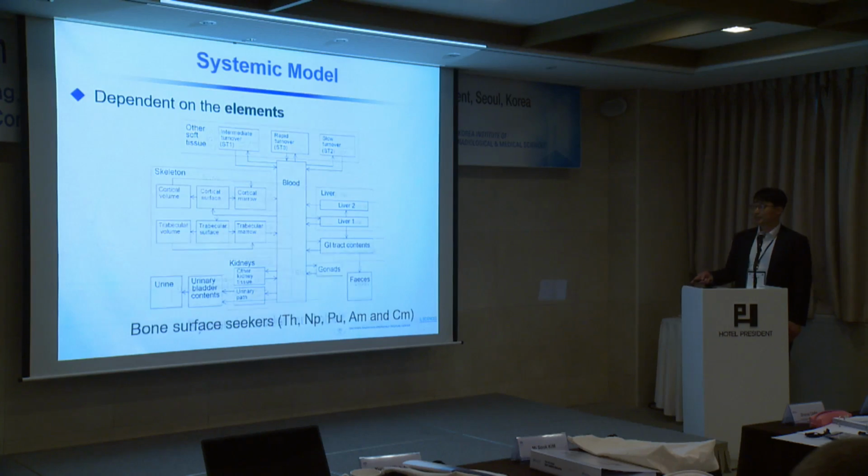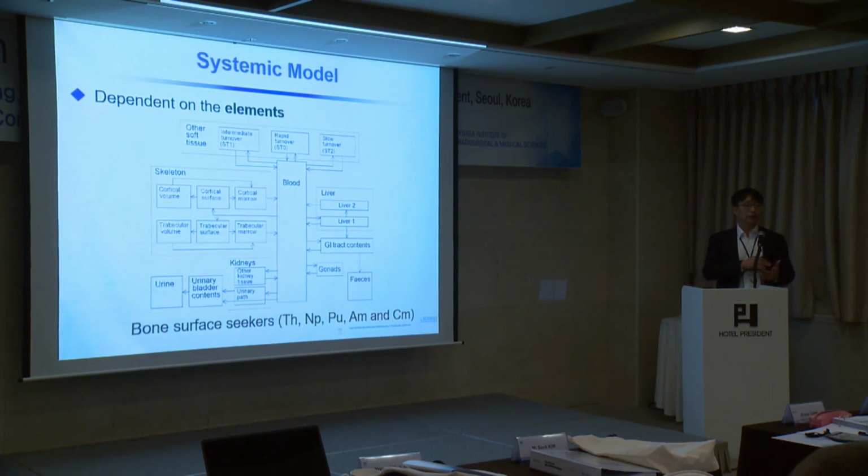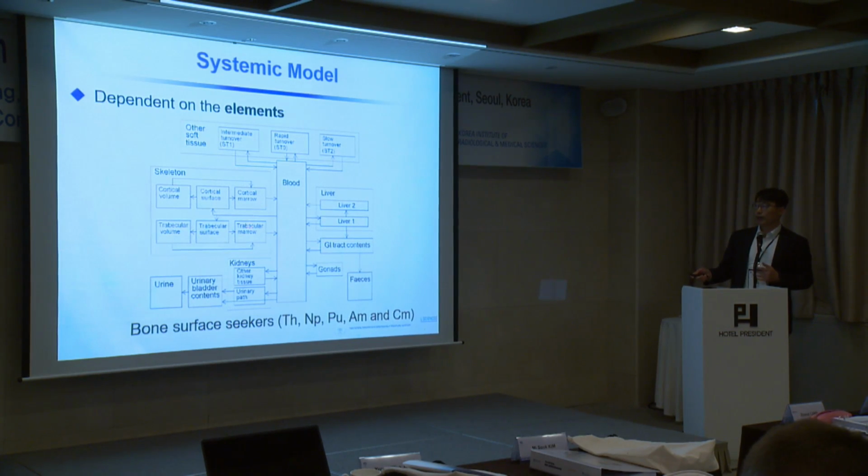systemic model. And next one is a bone systemic model of the bone-seeking radionuclides like thorium isotopes, neptunium, plutonium, americium, and curium. These radionuclides have characteristics of being deposited in the bone. So in this systemic model, they added the cortical marrow and trabecular marrow to describe the deposition of the radionuclides in the bone marrow.